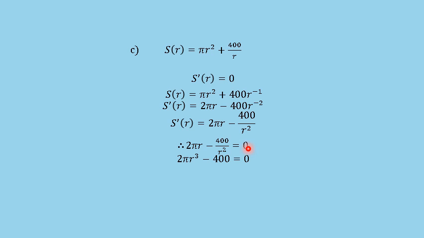Therefore, 2 pi r cubed minus 400 equals 0. We get this after multiplying each and every term by r squared. Now solving for r, we have the cube root of 400 over 2 pi. Therefore, r equals 3.99.